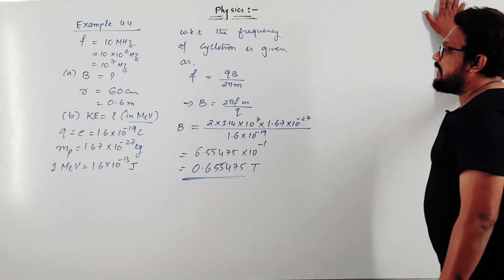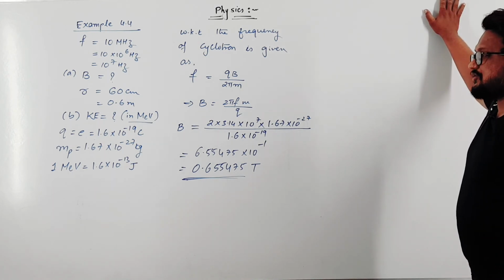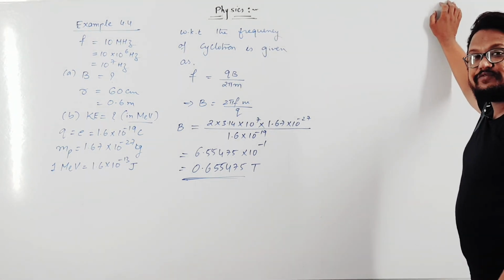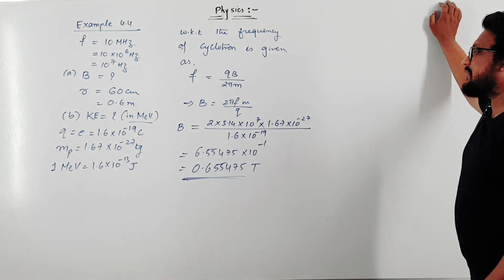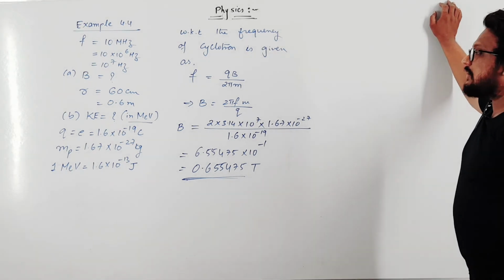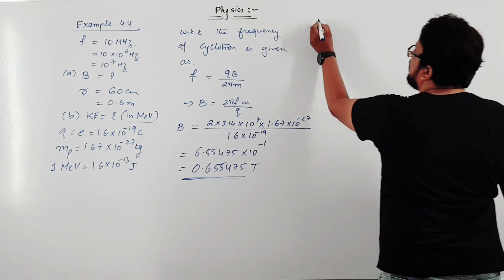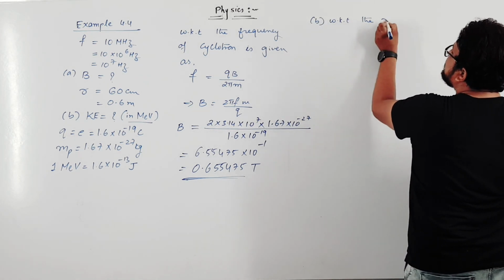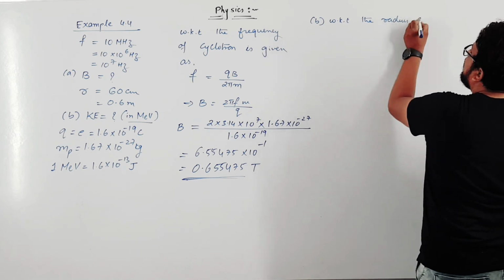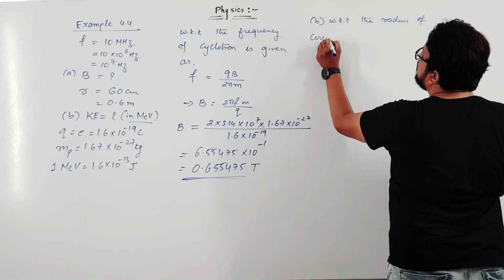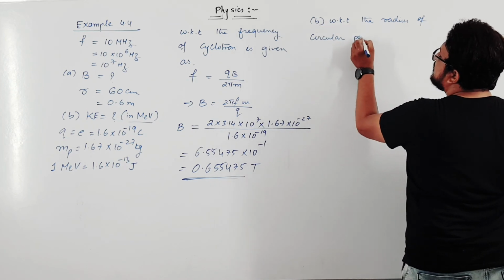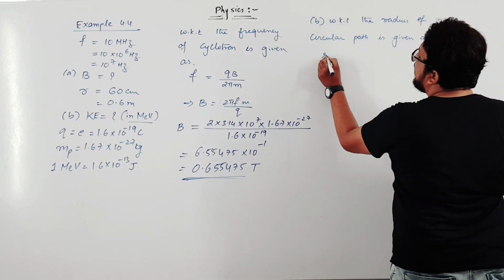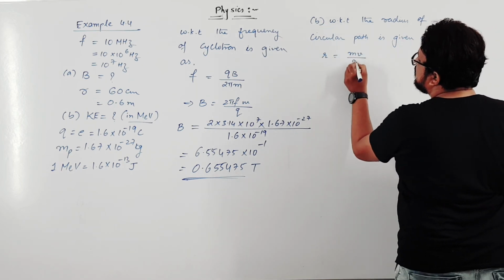Second thing, we have to find kinetic energy. The formula for kinetic energy is half mv², which means that we should know velocity. Now velocity can be calculated in many different ways. Directly we can use the formula. We know that the radius of circular path is given as r equal to mv by qB.